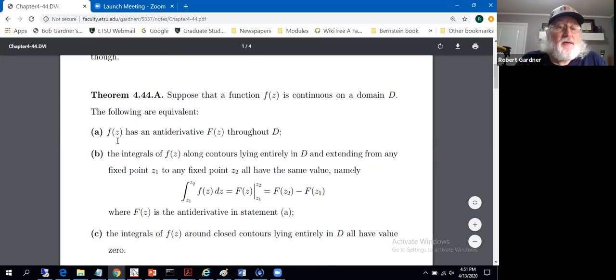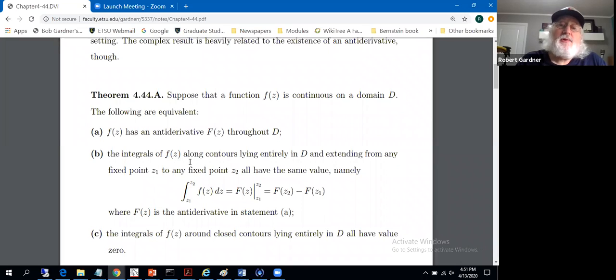The fact that lowercase f of z has an antiderivative, capital F of z, throughout D, is equivalent to the integrals of f of z along contours lying entirely in domain D and extending from any fixed point z1 to any fixed point z2 all having the same value.